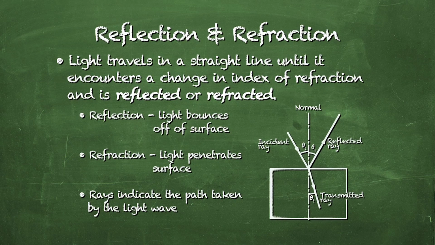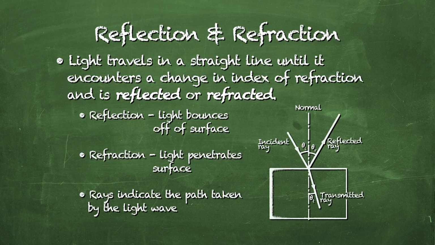And then at the surface where the index of refraction changes, we have reflection and refraction. Reflection means that the light bounces off of the surface and back into the air, and refraction means that it penetrates into the glass.